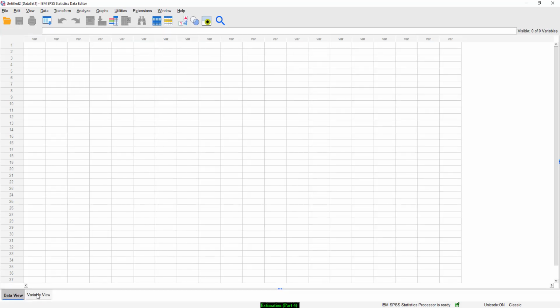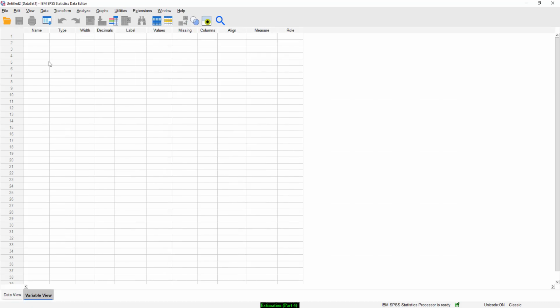Let's say we create a new variable, group A. But in SPSS, the variable name cannot contain any space. If you type group space A, it is not accepted, illegal character.